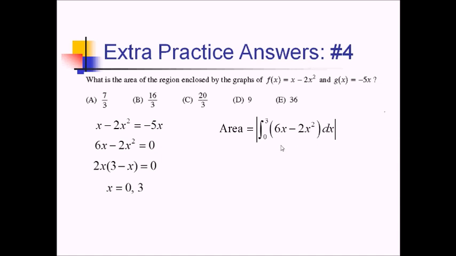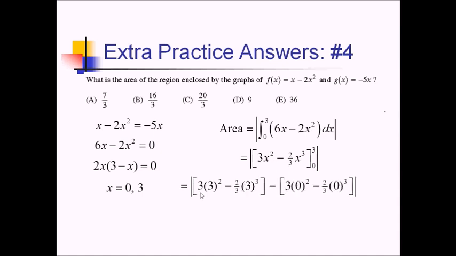Now I have to take the antiderivative. This bumps up to a 2, so that's 3x squared, minus, this bumps up to a 3, so we have negative 2/3 x cubed, evaluated from 0 to 3. So I've got all this with 3 plugged in, minus all this with 0 plugged in.